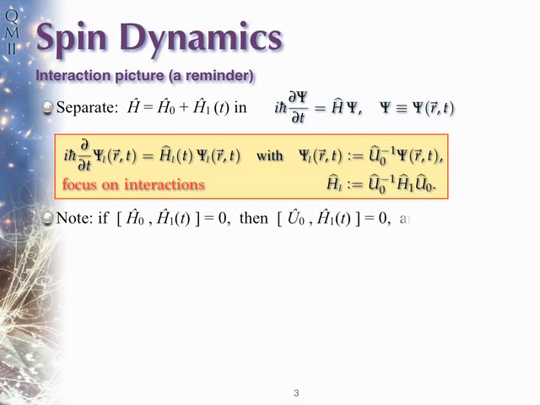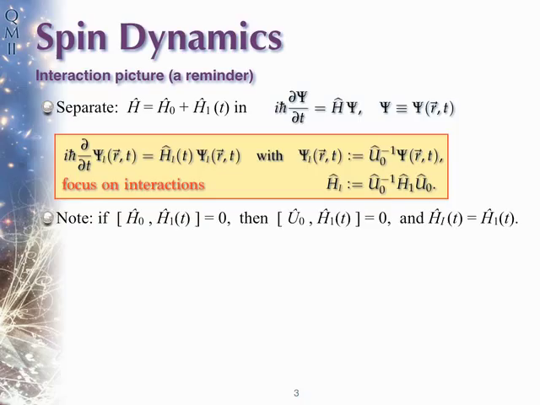So we'll use this, but before we do that, I need to make a small remark, which is that suppose it turns out that H0 and H1 actually commute. Well, in that case, U0 also commutes with H1, because U0 is an exponential function of H0, and when expanded in a Taylor series, you can apply the commutator term by term.